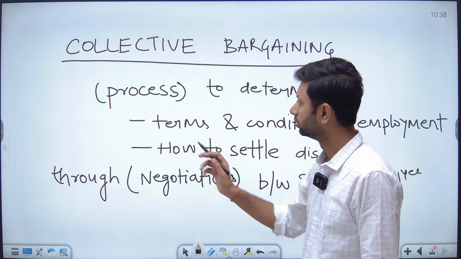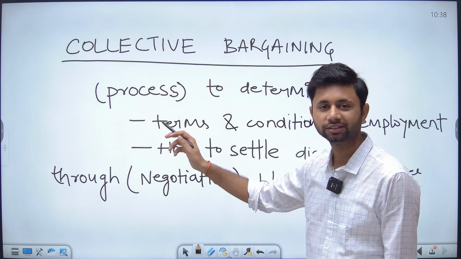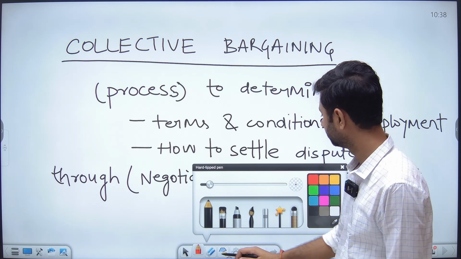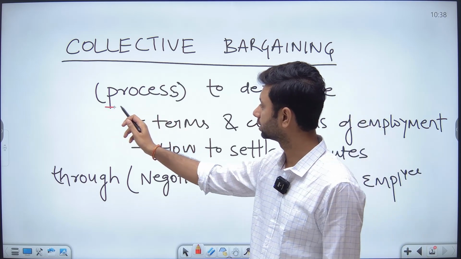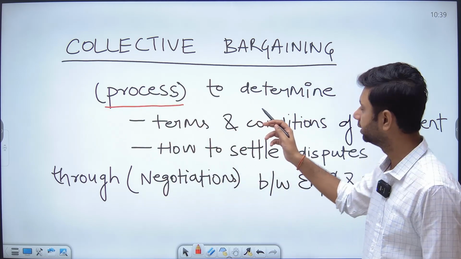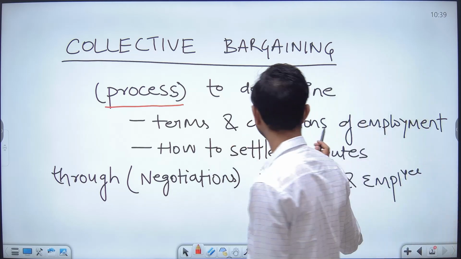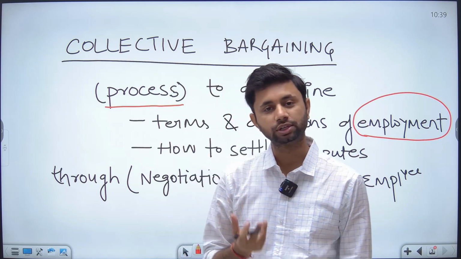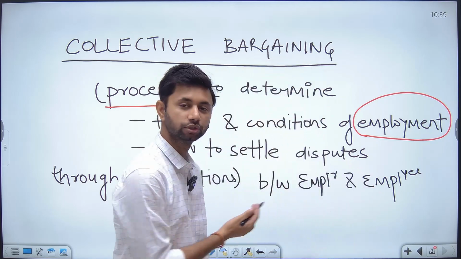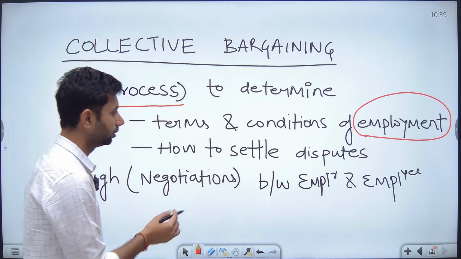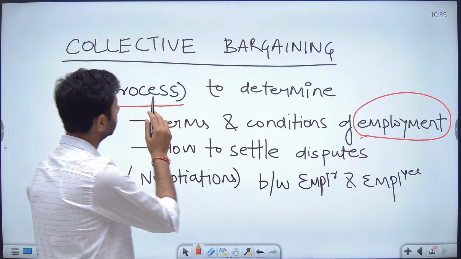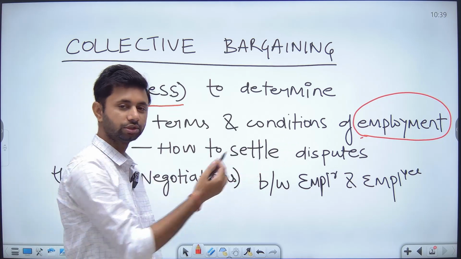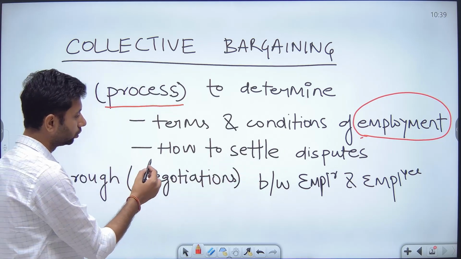Okay. So collective bargaining is a process to determine terms and conditions of employment. As we are talking about industrial setting, here we'll just focus on that aspect only. So it is a process to determine the terms and conditions of employment, and also how to settle disputes.